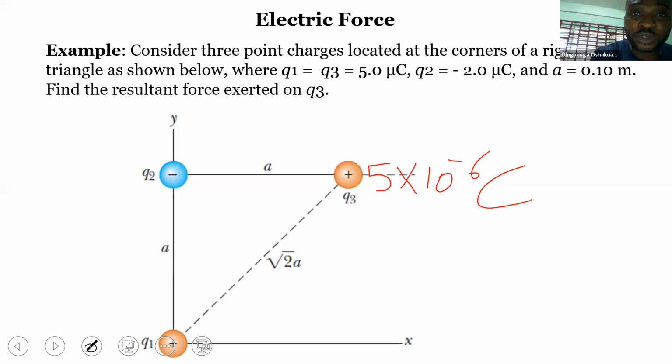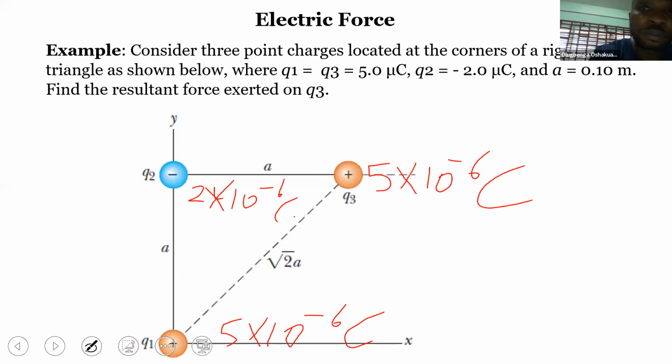So Q1 is 5 times 10 raised to power minus 6 coulomb, and Q3 is also 5 times 10 raised to power minus 6 coulomb. And Q2 is minus 2 microcoulomb. The magnitude of Q2 is 2 microcoulomb, that is 2 times 10 raised to power minus 6 coulomb. And A is 0.1 meter.